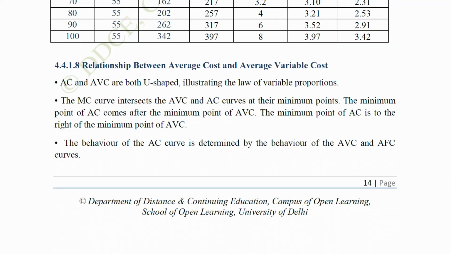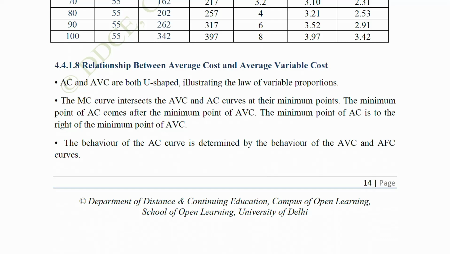4.4.1.8 Relationship between average cost and average variable cost. First, average cost and average variable cost are both U-shaped, illustrating the law of variable proportions. Secondly, the marginal cost curve intersects the average variable cost and average cost curves at their minimum points.